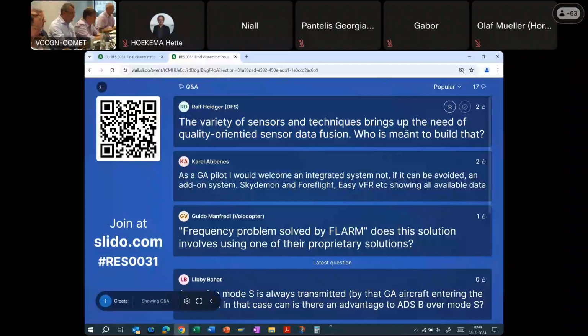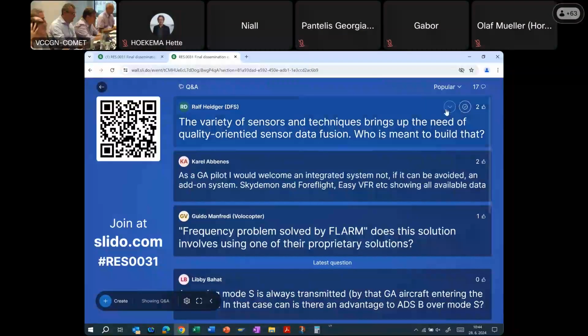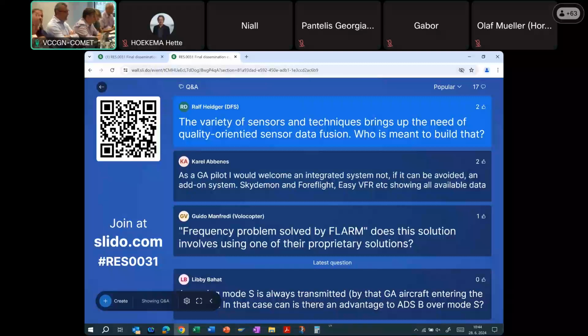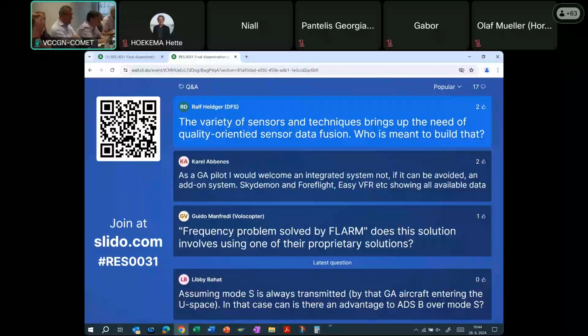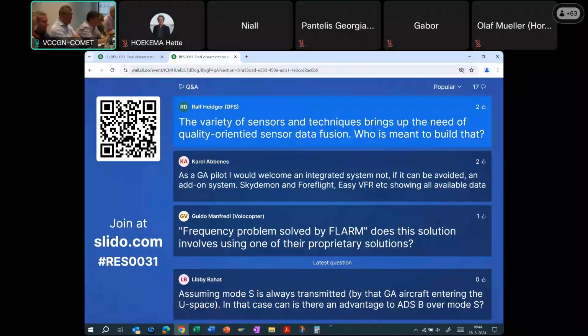Okay, Ralph. From DFS, the variety of sensors and techniques brings up the need of quality-oriented sensor data fusion. Who is meant to build that? I can start. This is not for the project because this is an identified action item to work on these data streams on the ground. We expect the industry to build the data fusion.